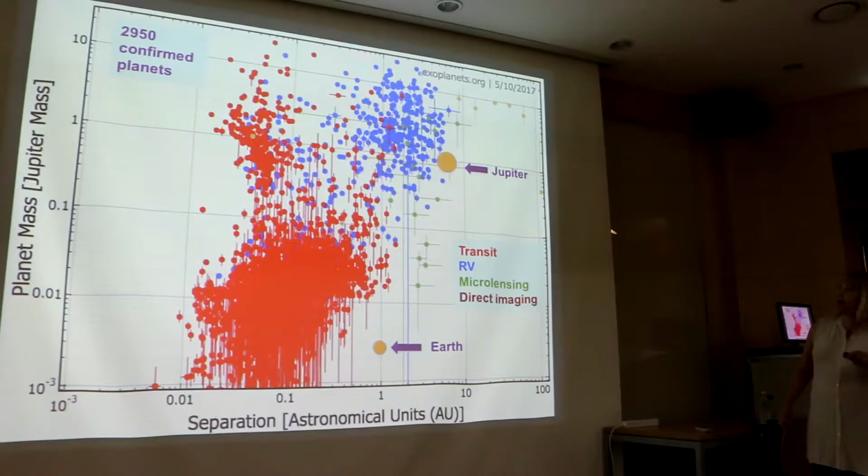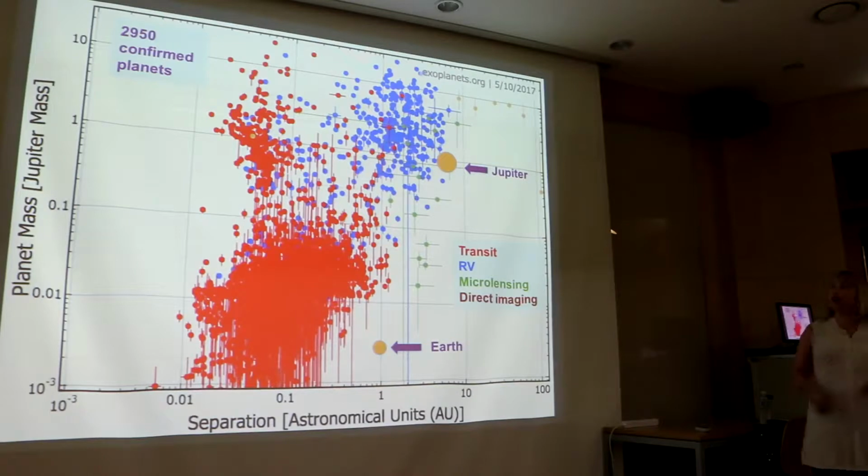It's in Jupiter masses, so here's Jupiter at 1 unit of 1, and here's the Earth down here at 0.003. And separation in astronomical units, where again the Earth is at 1 astronomical unit, and Jupiter is out at almost 5 astronomical units.